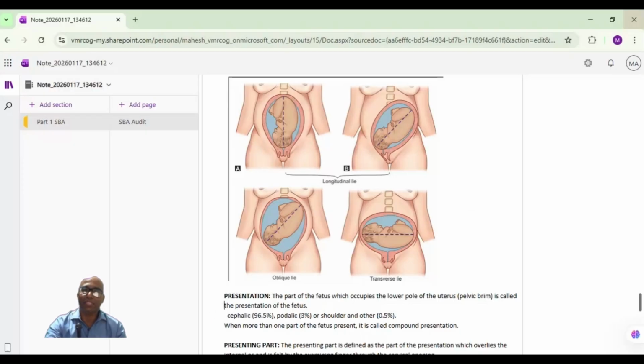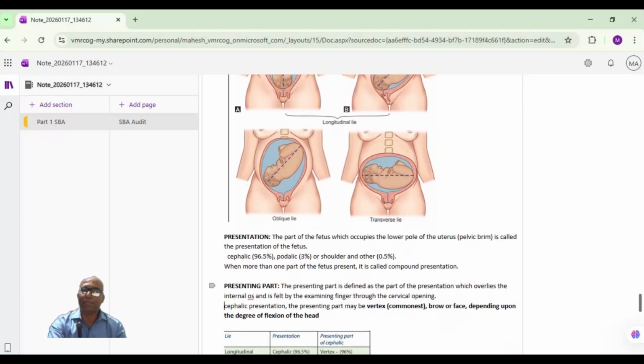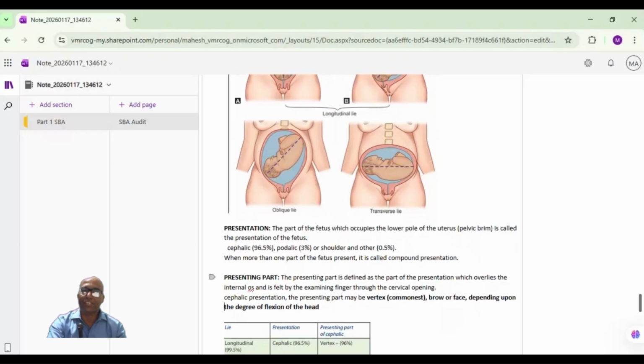When more than one part of the fetus presents, it is called a compound presentation. Coming to the presenting part: the presenting part is defined as the part of the presentation which overlies the internal os and is felt by the examining finger through the cervical opening. In cephalic presentation, the presenting part may be vertex, which is commonest, then brow or face, depending upon the degree of flexion of the head.